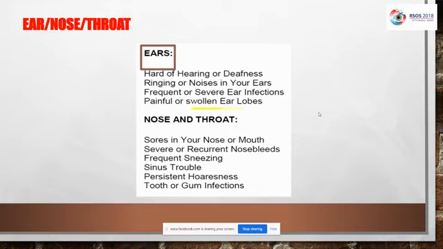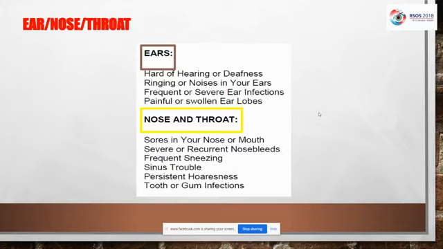Also in the nose and the throat, you need to ask about sores in the nose or mouth, about severe or recurrent nosebleeds, about frequent sneezing, about sinus trouble, about persistent hoarseness with possibility of laryngitis, about tooth or gum infections.